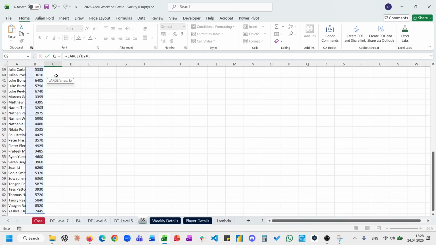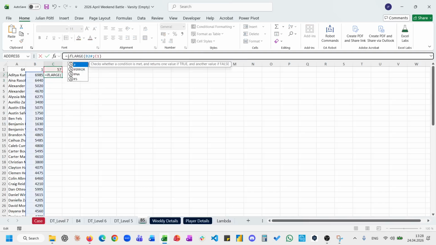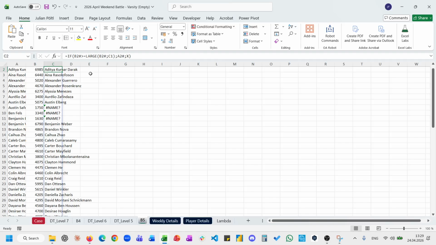Large this. So if the score is larger or equal than the 67th score, then return this, otherwise return X. And this should be all dynamic, and this X is on purpose.